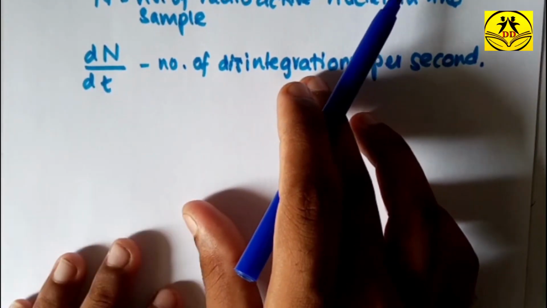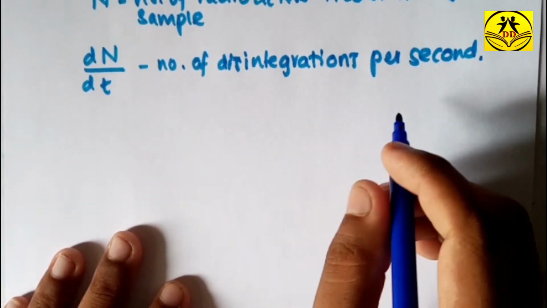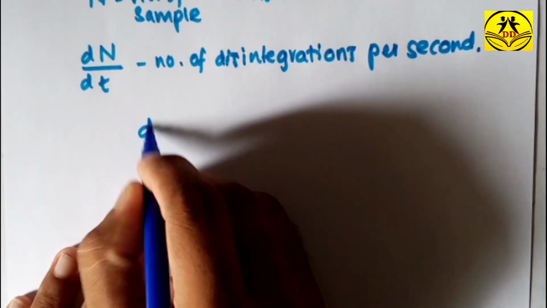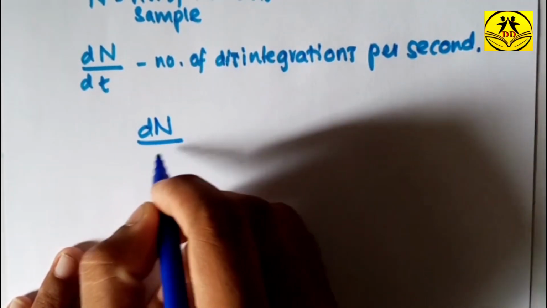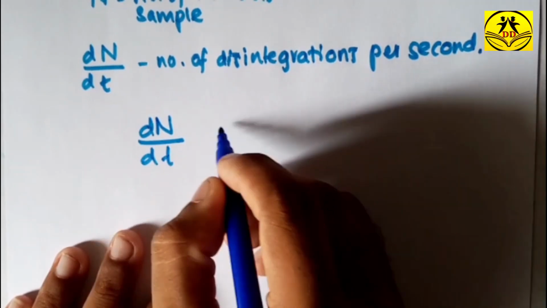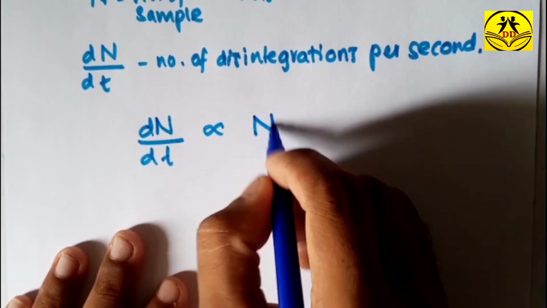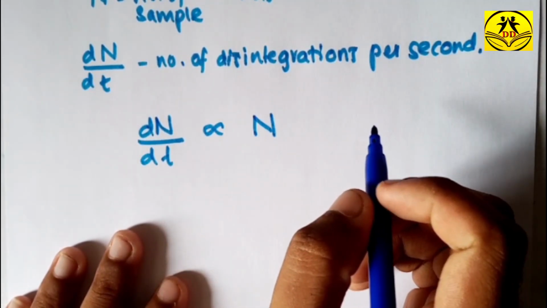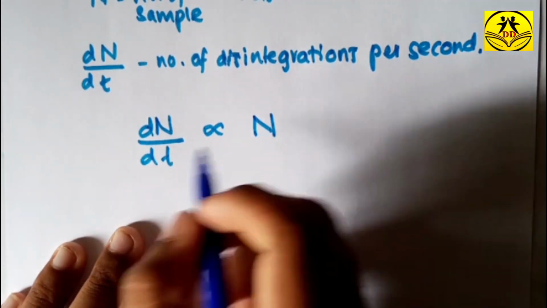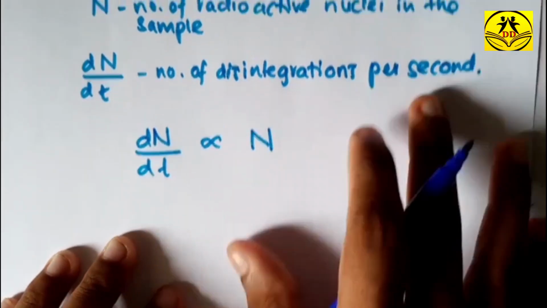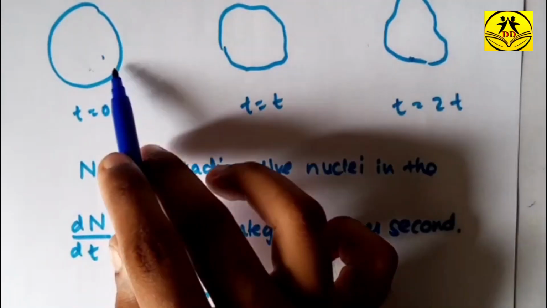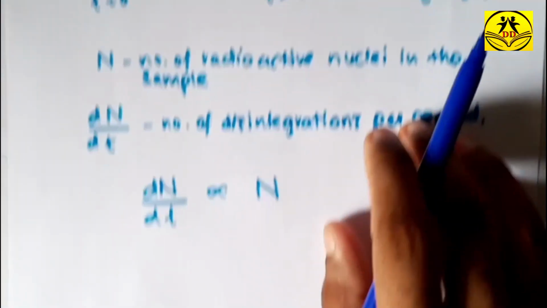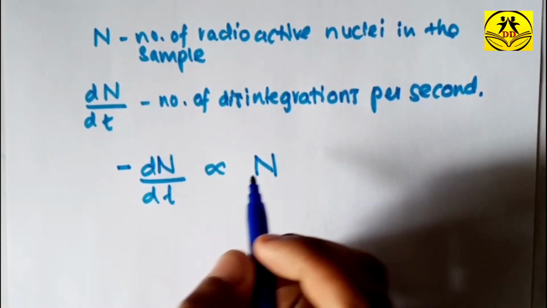So we can write the law of radioactive decay as the number of disintegrations per second is directly proportional to the number of radioactive nuclei in the sample. As this disintegration is negative, as the number of radioactive nuclei are lost from the initial sample, we write it as negative disintegration.